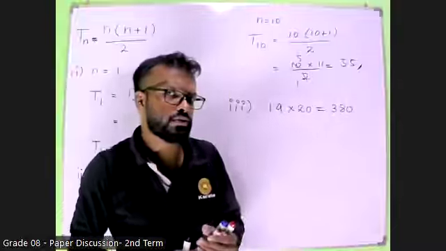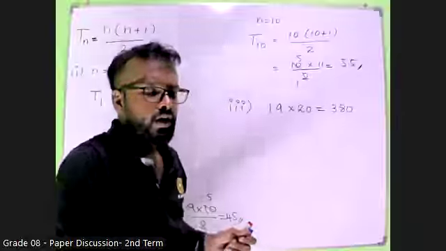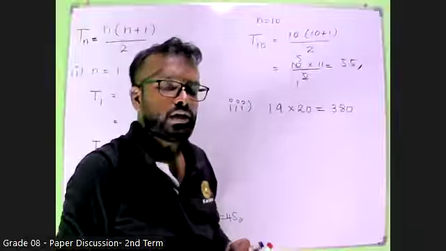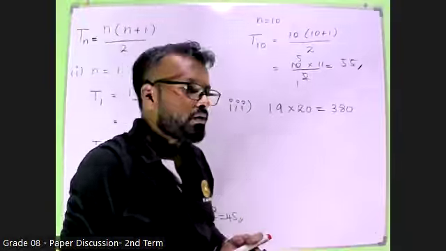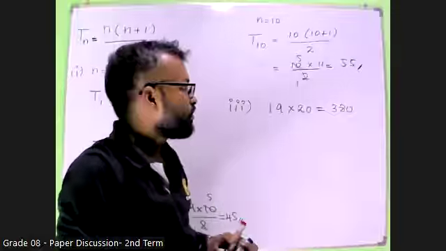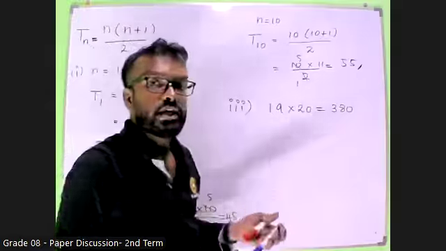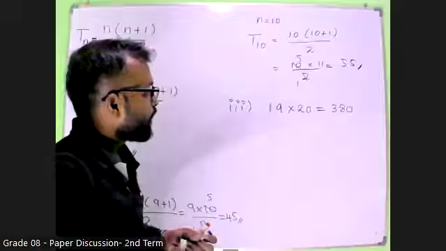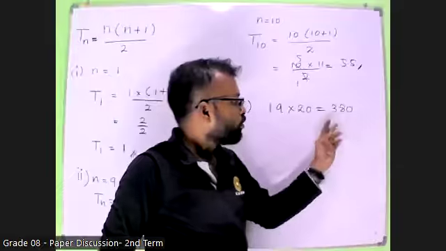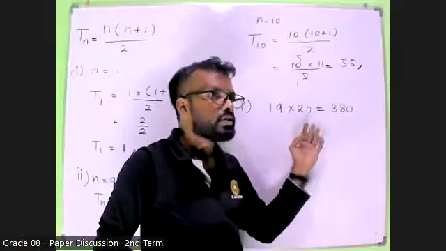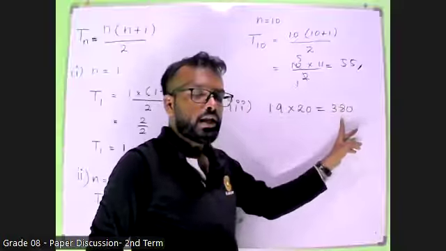So how do you do this? You need to obtain 190 as the term, and you need to find which term that is. So by looking at this, how do you make 190 by using this one? Here you have 380.